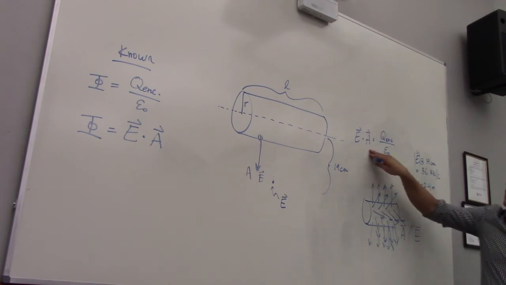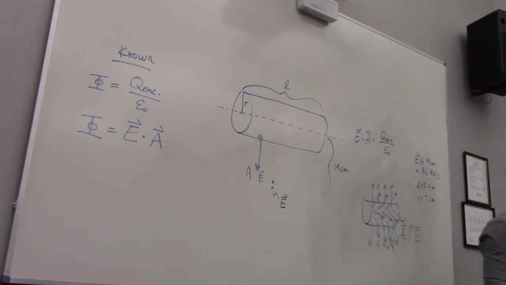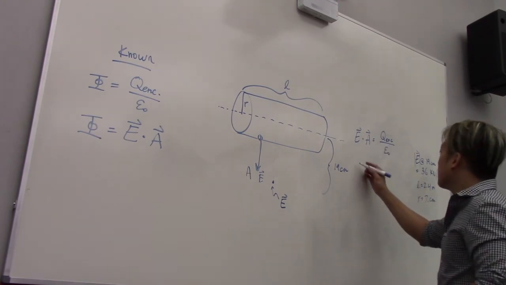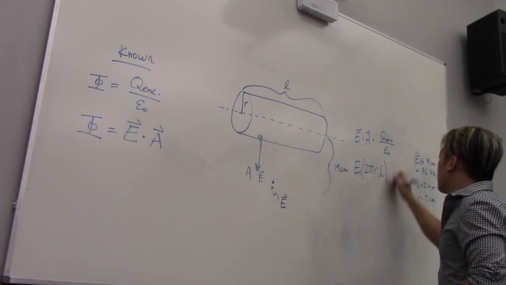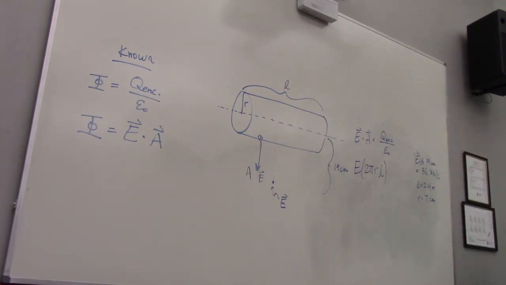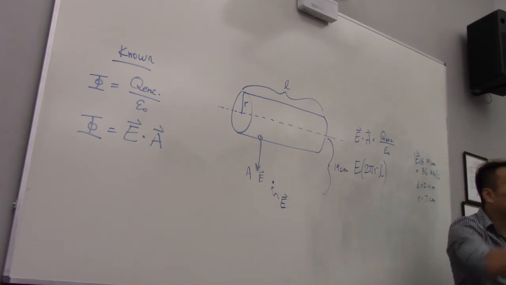So we have E, we have A, and now we're just talking about the surface area of a cylinder. That's the surface area in question. The surface area of a cylinder is going to be 2 pi RL. Why? Because 2 pi r is the circumference of one circle, one ring, and L is how many multiples of that I have.